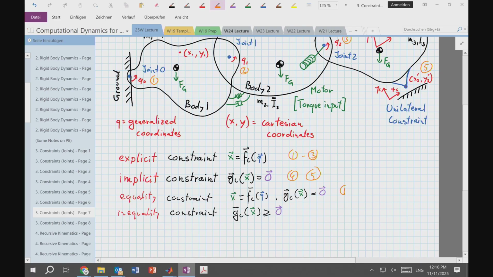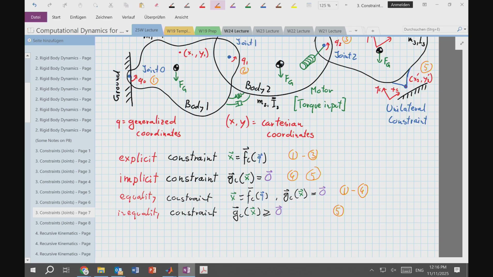In our example, the first 4 joints are all equality constraints. This would be an inequality constraint. And it's basically what I said before. If I find a mathematical expression for this distance, I will simply say that distance, which is jc of x, somehow depends on the position and orientation of this body.